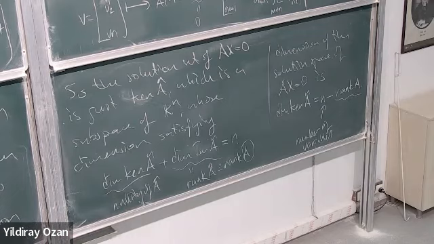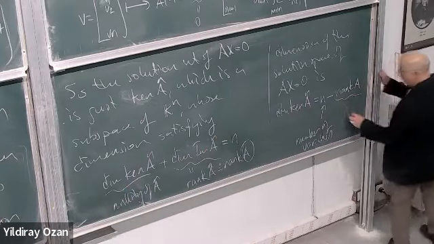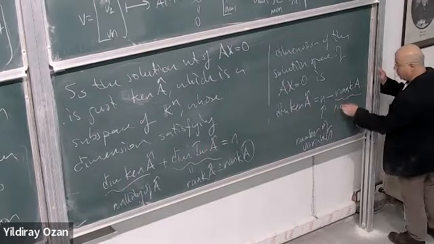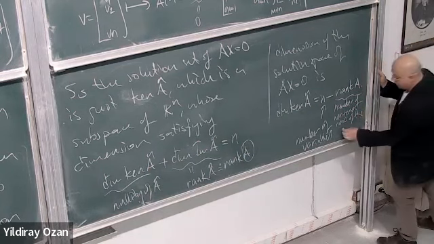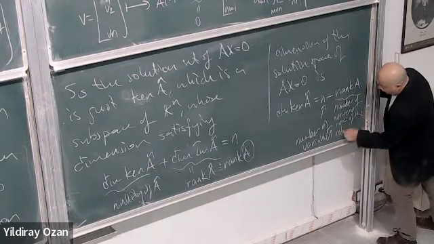Tabii rankı bu şey neresi? Rankı şey. Number of non-zero rows of the reduced form of A. Reduced form of A means this form.